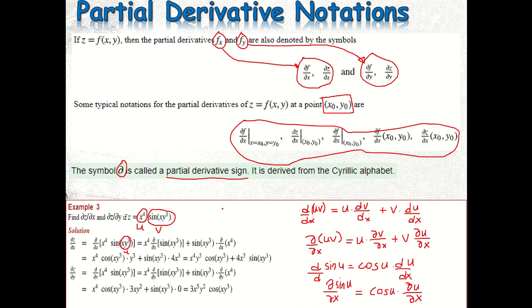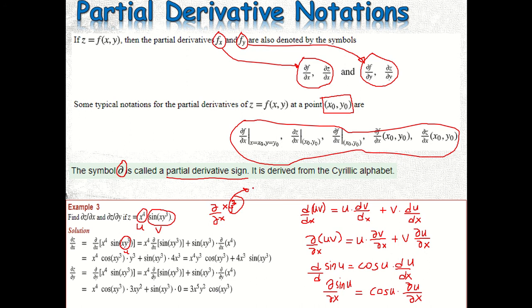So you're differentiating, and it's something like this, class. The partial derivative of u, where our u is x times y cubed, with respect to x. Now we're differentiating with respect to x, so it means that y is constant. So we treat this as constant.